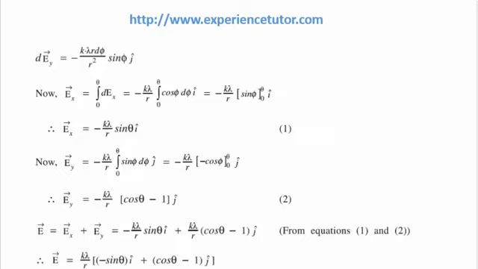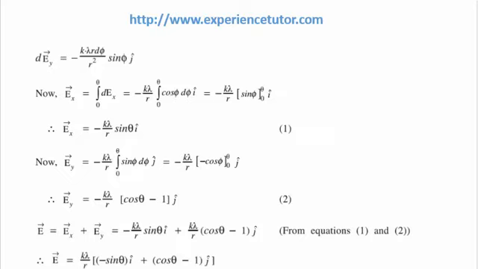E = Ex + Ey = minus k lambda/r sin theta i + k lambda/r (cos theta minus 1) j. From the first and second equations, E = k lambda/r [minus sin theta i + (cos theta minus 1) j].